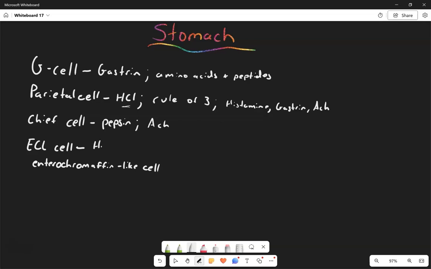And this is the one that is responsible for secreting histamine. So your ECL cell is what secretes histamine, and it's triggered by gastrin and part of the enteric nervous system. So we'll say acetylcholine again.